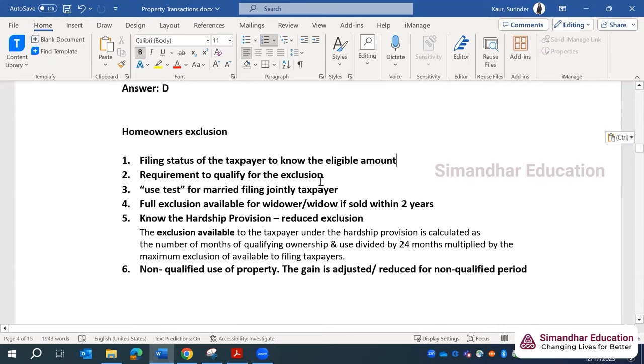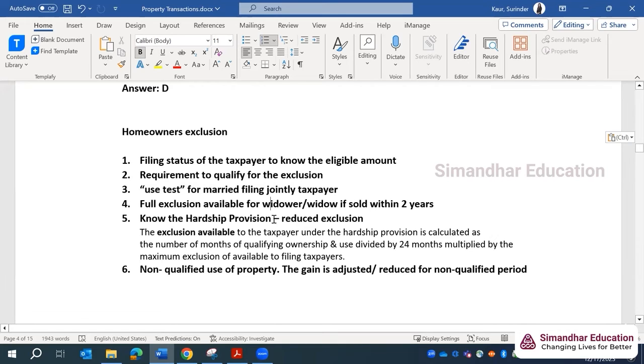Requirements to qualify for the exclusion. That means you have to meet both the use test and the ownership test. For married filing jointly, there is a separate provision which I will cover shortly. For married filing jointly, any one person can own the property, but both the husband and the wife should satisfy the use test. Okay.